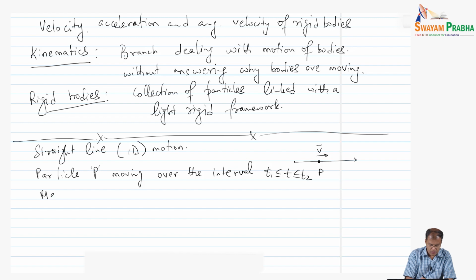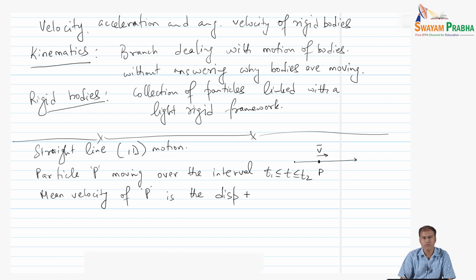The mean velocity of P is the displacement of P divided by the total time.